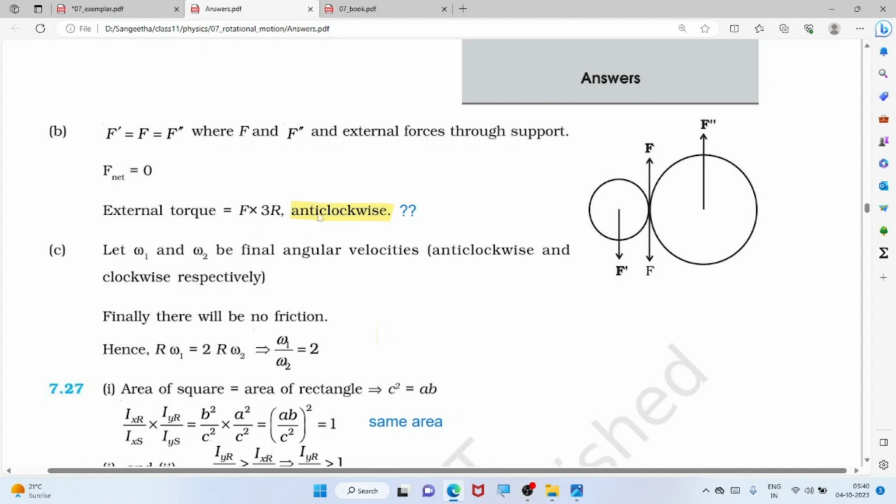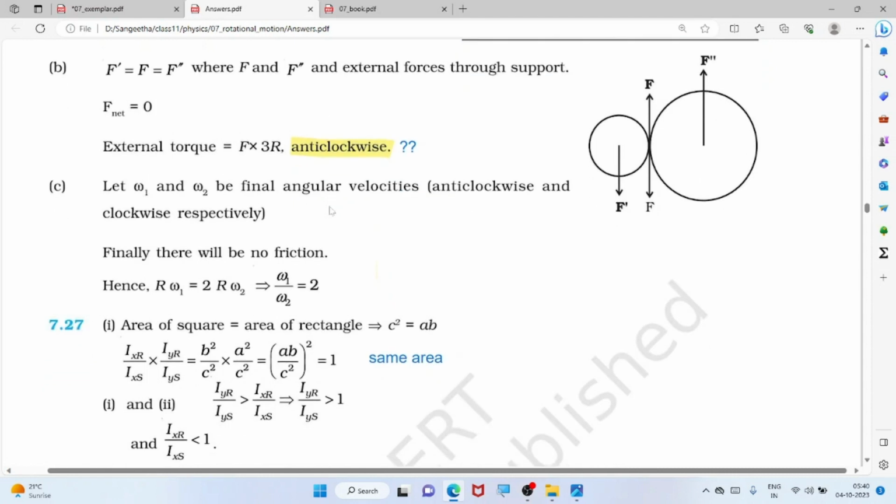This direction is given as anti-clockwise. This is the final torque. So finally, when there is no friction, the velocity will become this linear velocity.